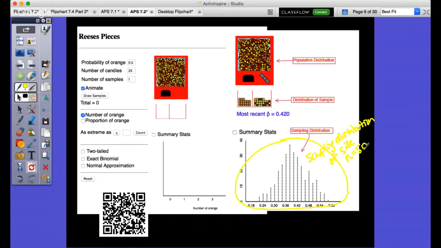So what does each dot mean? Well, if I were to look at one dot here, let's say I was looking at this dot right out here, we'll say that that's 0.59, 0.58 maybe.